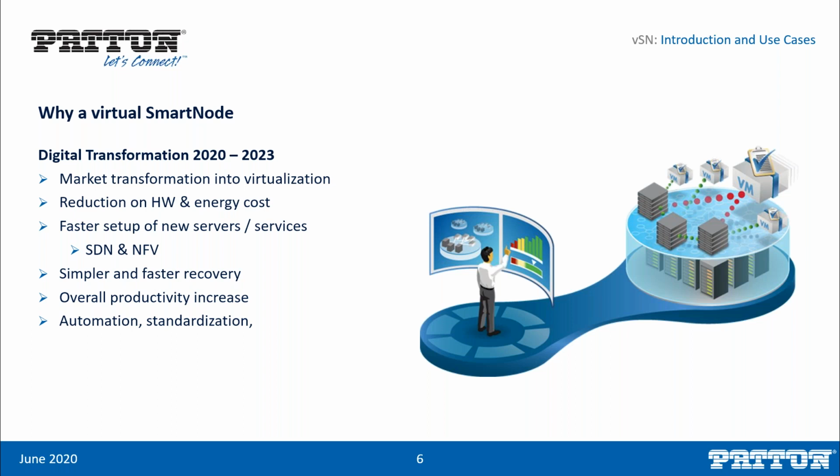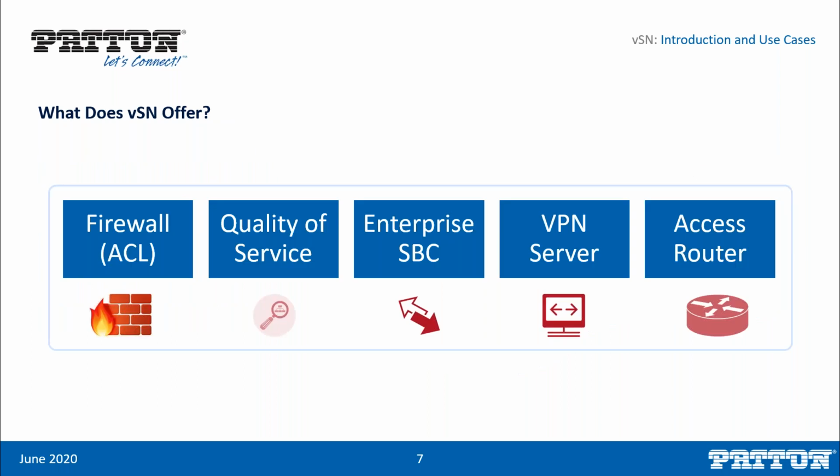Overall, it's a productivity increase because of higher automation and standardization, which really provides a lot of benefits. That's basically the reason why we said, well, we need to have a product, we need to have an answer to what we see happening in terms of the digital transformation out in the market.